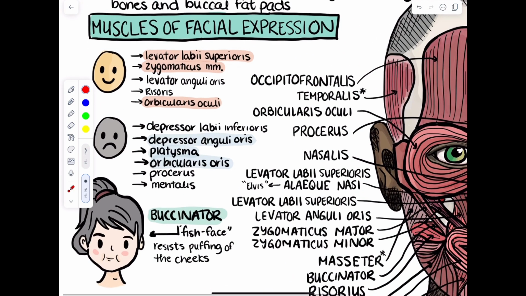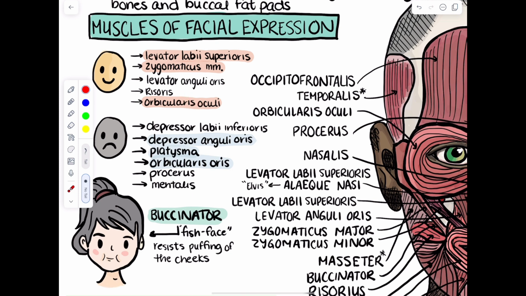If you look here in my little diagram, these are some drawings that I did back in some other anatomy classes. So some of these names aren't ones that you're necessarily responsible for, but they're here if you ever want to know more. With our smiling muscles, we have the zygomaticus, as well as orbicularis oculi, because when we smile, think about it, your eyes start to close a little bit.